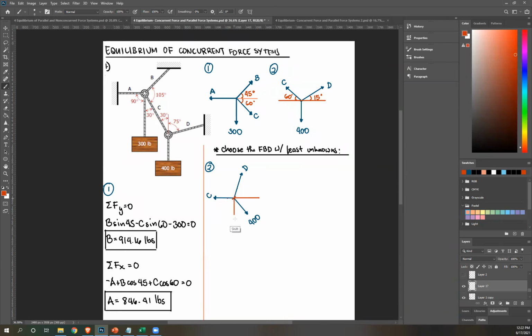Now I need to solve for these two, right? Once again, I rotated everything 60 degrees counterclockwise. So that means if D is 15 degrees, adding another 60 degrees, D is now 75 degrees from the horizontal. And same thing here, this is 75.